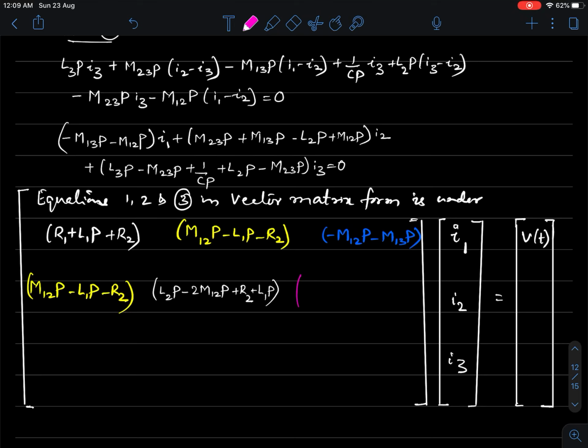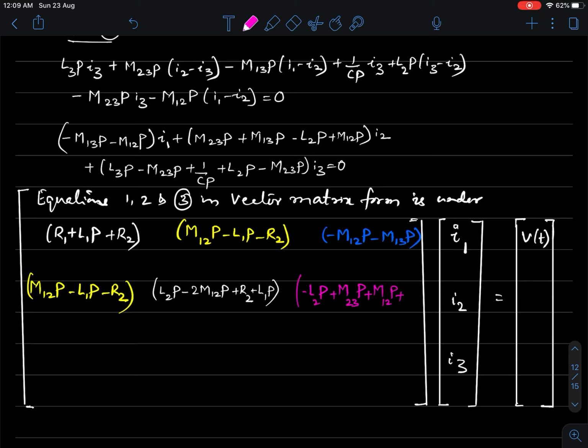And this is minus L2P plus M23P. I need not bother now; all I'm trying to do is mechanically reproduce the coefficients that I've got in the equation. I'm getting this as M13P.